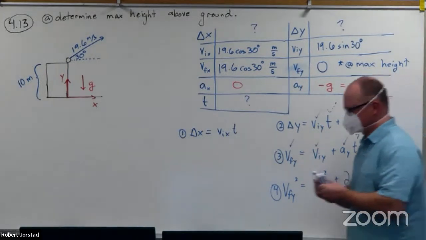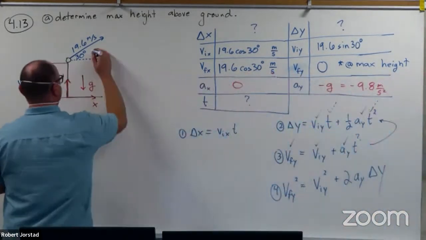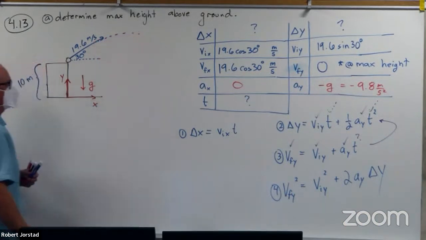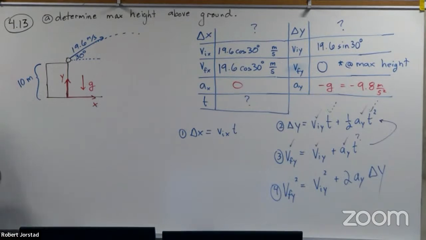Do you agree that something about delta Y should relate to the max height? In particular, if I sketch the trajectory, I need a volunteer who's willing to show me what delta Y means. Can somebody come up here and just point with their hands, or describe it in words? What's delta Y? What does that mean?